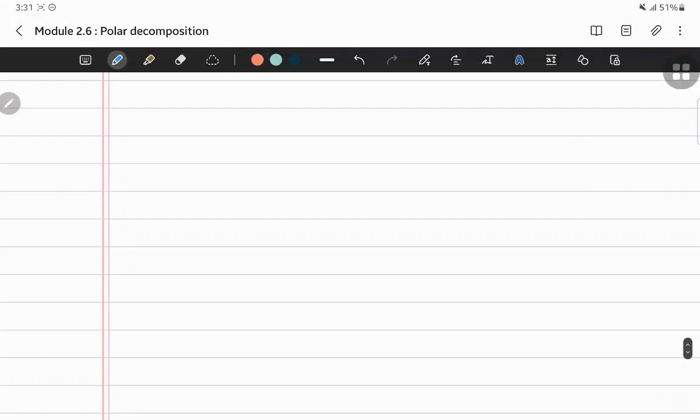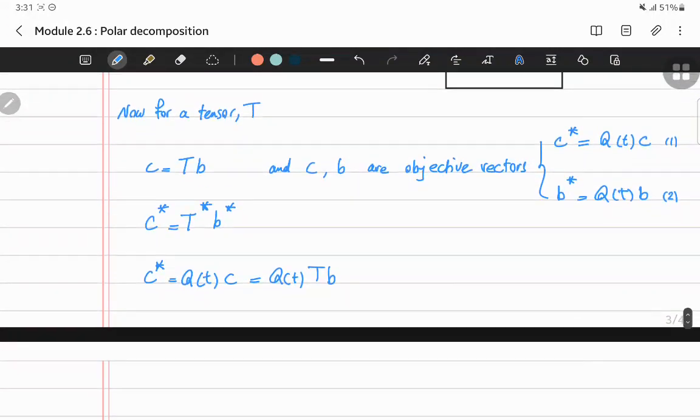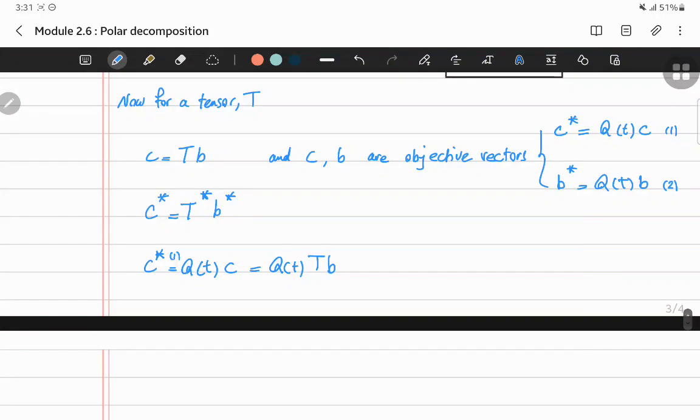All right, so this is 1, 2. So from 1, I write this, and then from 2, this is 2, and this is 3. So from 3, I write this. This is equal to, instead of b, I can write this as Q transpose b star, equal to Q transpose Q b, which is I. So this becomes b. So I write this as 2.